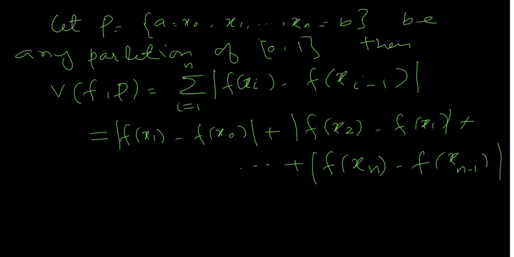Okay, so now look at this difference. Since the function is monotonic increasing, f of x1 is x1 square minus x0 square, then x2 square minus x1 square. Now here x1 is greater than x0, so that means x1 square is greater than x0 square, so we can remove this mod, because it's a positive number as the function is monotonic increasing. x0 is less than x1 is less than x2, and so on and so forth.